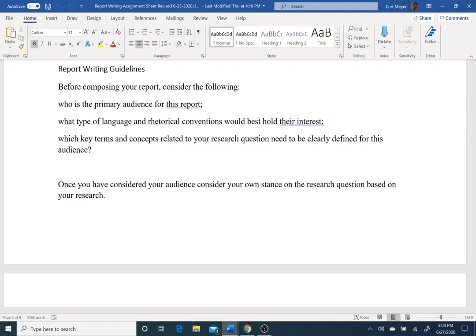So, key terms and concepts related to your research that your audience may not know, that your audience may need clarification about. Now, please understand this point. I don't want anyone to just copy terms from a dictionary. Don't do that.